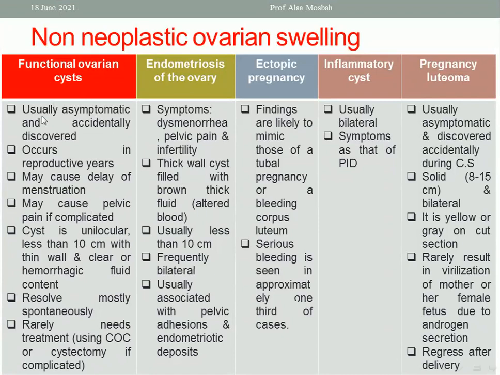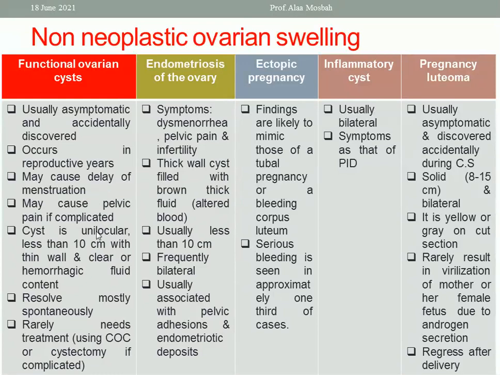Continuing with the non-neoplastic ovarian swellings, we said that the functional ovarian swelling is mostly asymptomatic and discovered accidentally during ultrasound examination. You should also notice that it occurs in reproductive years, but it may be clinically presented by delayed menstruation or abnormal bleeding.